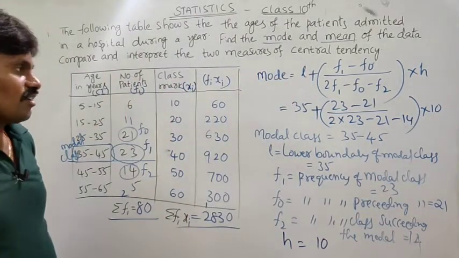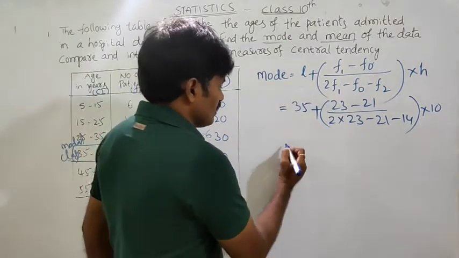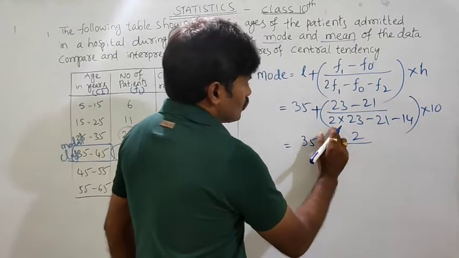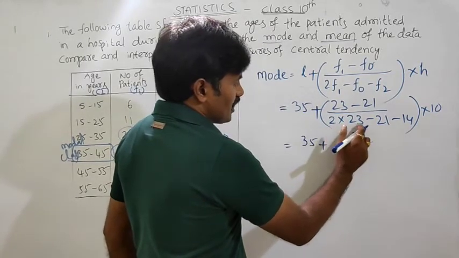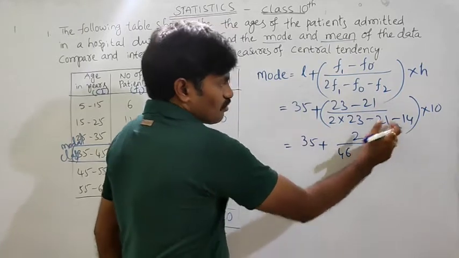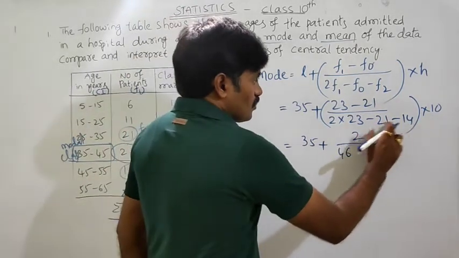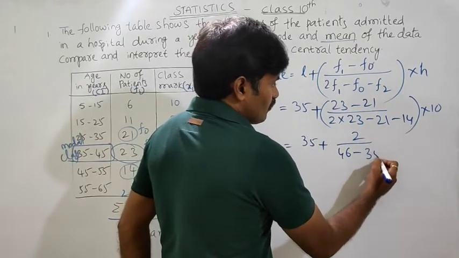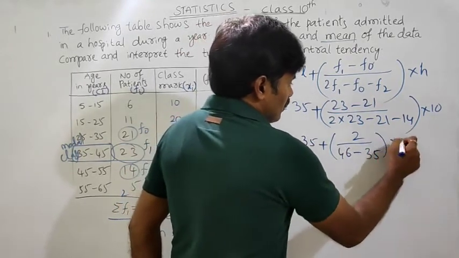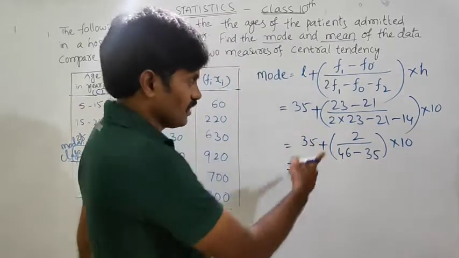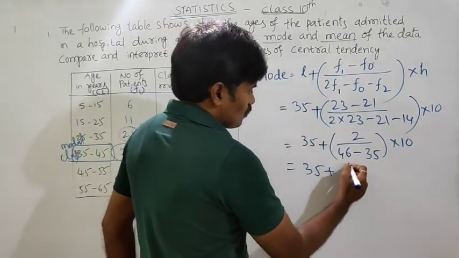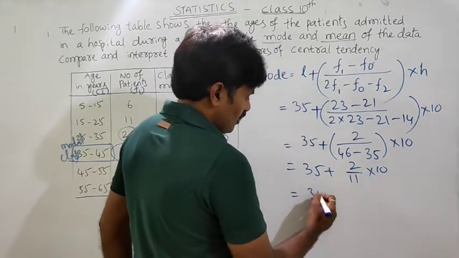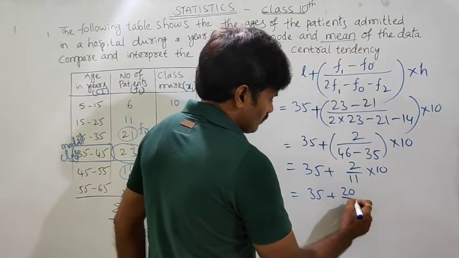Now if we simplify, according to BODMAS, bottommost first: 2 into 23 is 46. Both have the same sign, so add these two and keep the same sign. We get 35 into 10. So 46 minus 35 is 11. So that is equal to 35 plus 2 tens are 20 by 11.